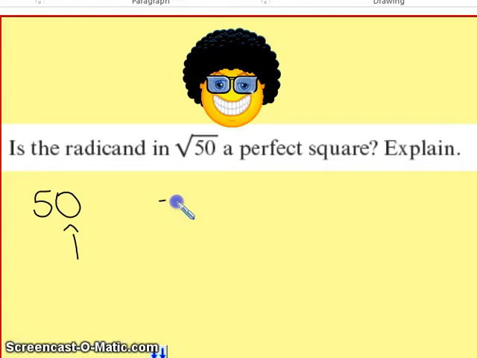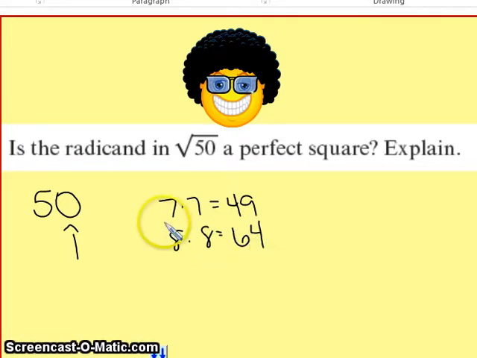Well, we already talked about if we multiply 7 times 7, we get 49. So that's pretty close. Now let's try 8 times 8. 8 times 8 gets us 64. Since there's no integers in between 7 and 8 that would get us 50 when we multiply by itself, the radicand 50 is not a perfect square. So here we would say no. And then we have to explain our answer.